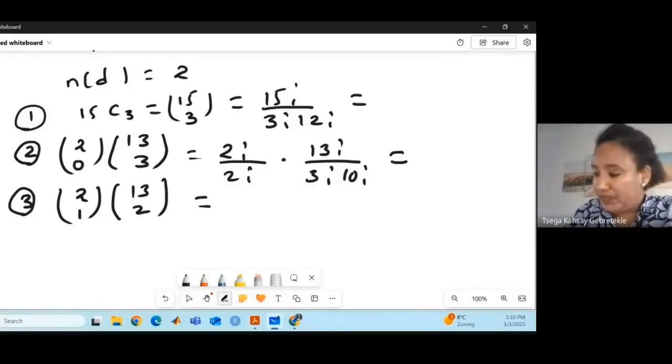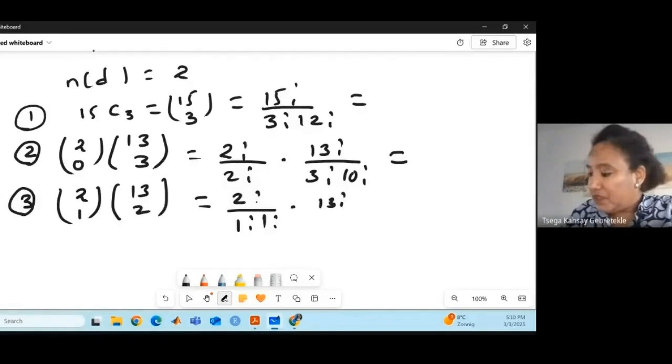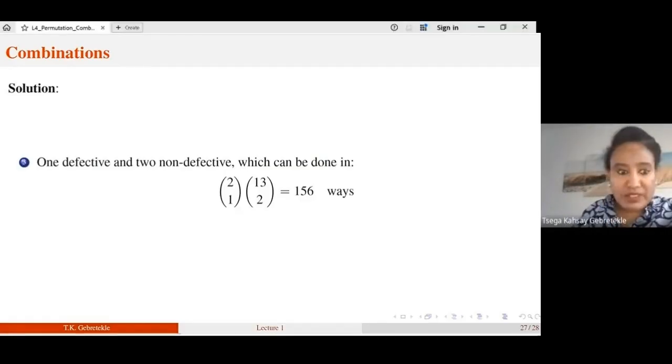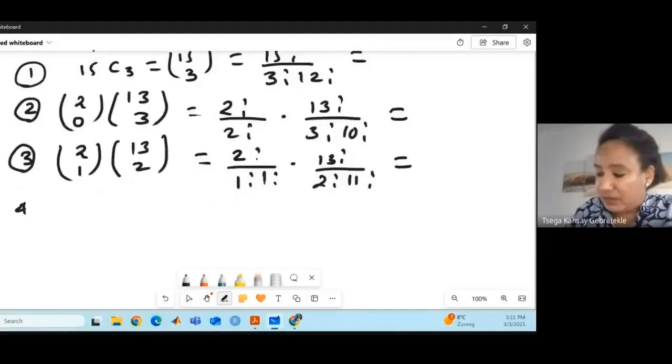And so it will be 2 factorial divided by 1 factorial, 2 minus 1 is also 1 factorial, times 13 factorial divided by 2 factorial times 11 factorial. So the result will be 156 ways.